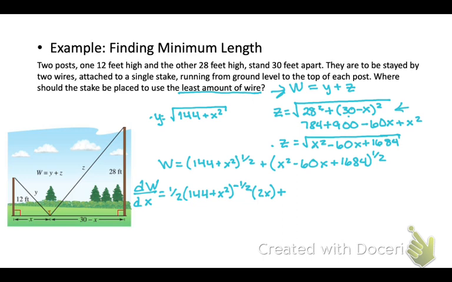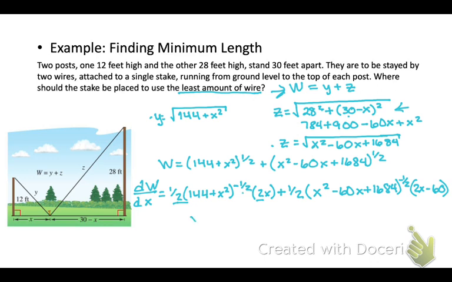Okay. 1/2 times x squared minus 60x, to the negative 1/2, times 2x minus 60. And you do leave those together. That was pretty easy. So now, half of 2x is just x. And the negative goes in the denominator.